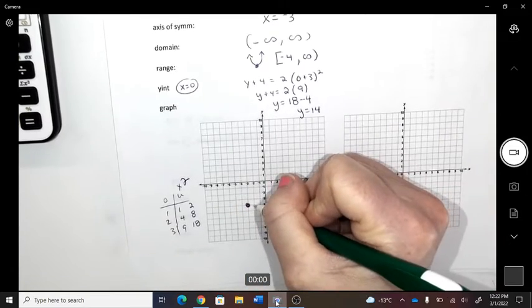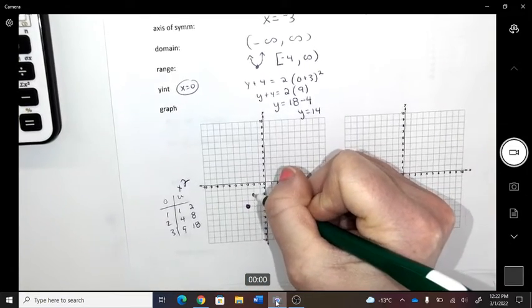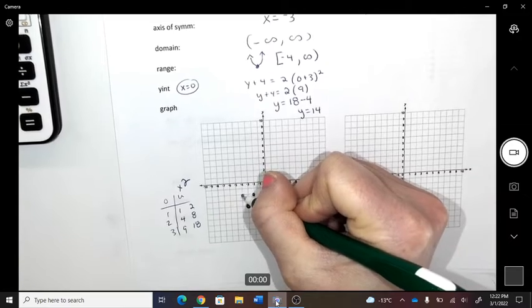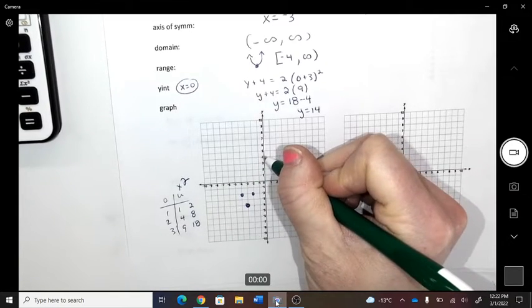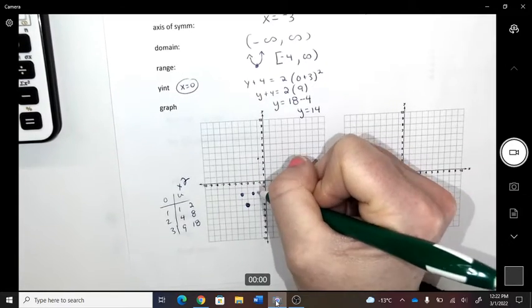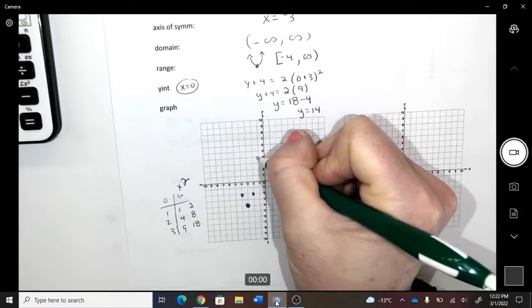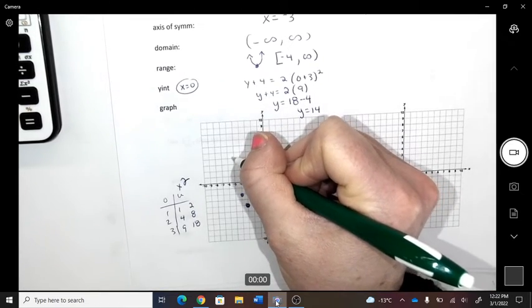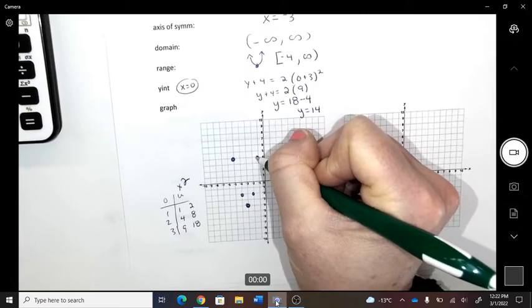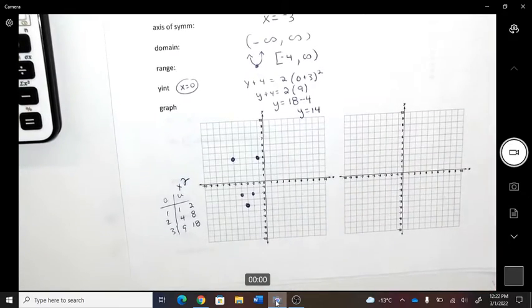So I'm going to go over 1, up 2. And I'm going to do over 2, up 8.